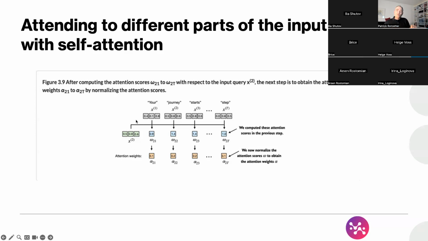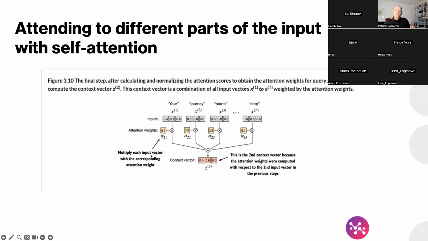So we now have attention weights. What do we do with these attention weights? For each word in the sentence, we will multiply the word embedding by the attention weight, by the relevance.